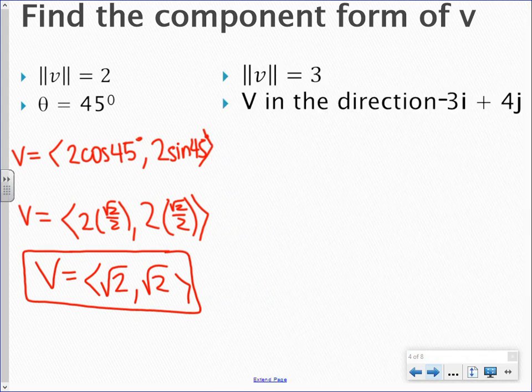This next example has a little bit of a twist. I'm giving you that vector v has length 3, okay, its magnitude is 3, and I don't give you the angle, I just tell you that it's in the direction of negative 3i plus 4j.